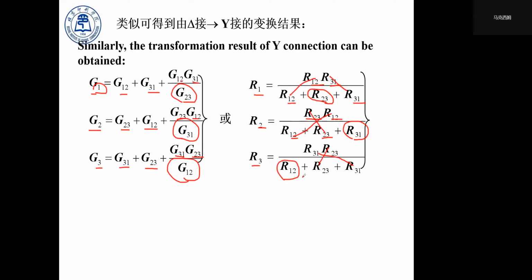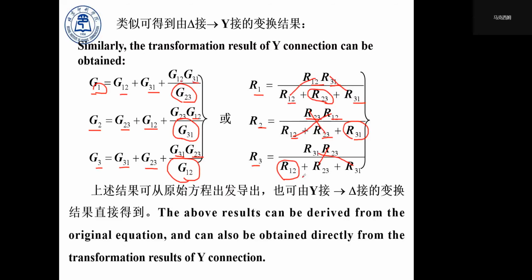So this is how we get the relationship between the delta-shaped network and the Y-shaped network. This is how we're going to solve it. We don't have to memorize it in particular, but after several times of use, we will probably remember it, and we don't have to do it deliberately.